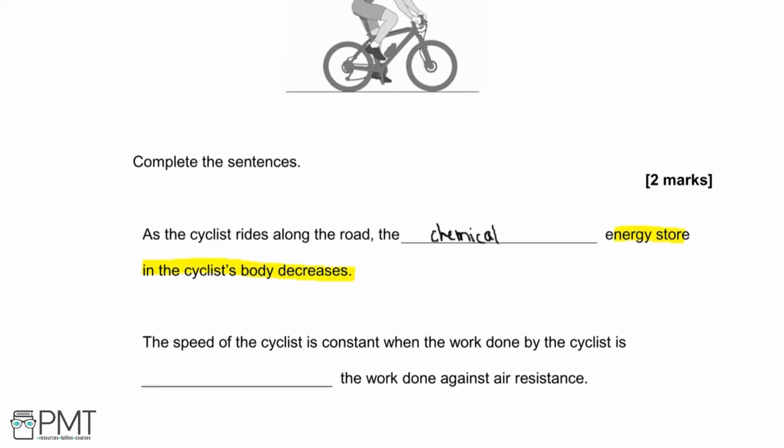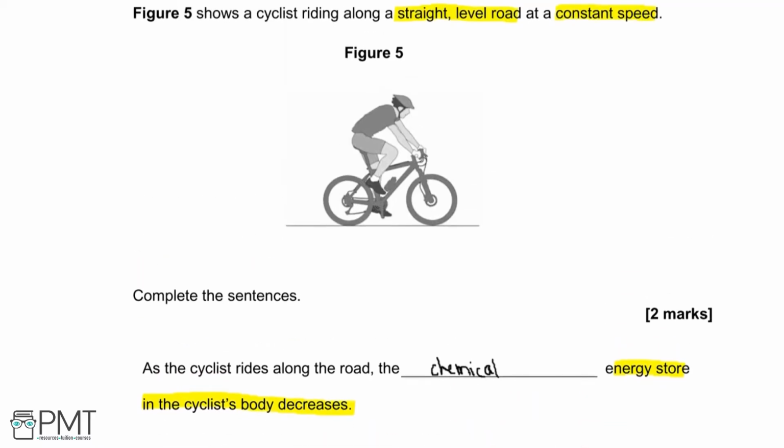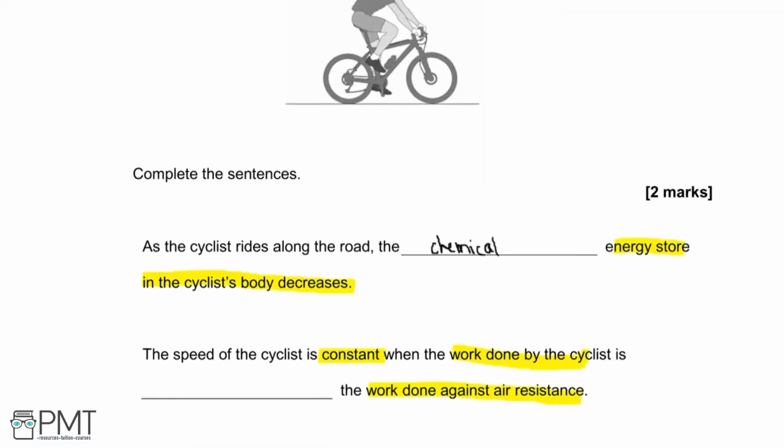The next sentence: the speed of the cyclist is constant when the work done by the cyclist is something to the work done against air resistance. So here they're asking, what is the relationship between the work done by the cyclist and the work done against resistance when the speed is constant? We've been told in the first sentence that the cyclist is riding along a straight level road at constant speed.